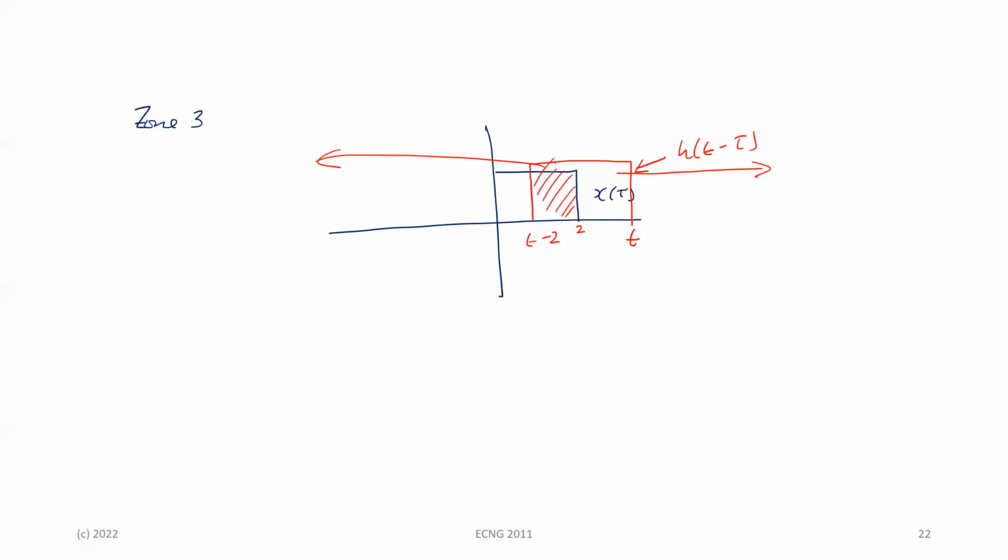For this particular one, the convolution answer, we'll answer the range in a second. The convolution here, the zone of overlap: the lower limit is t minus 2 and the upper limit is 2, of x(tau) h(t minus tau) d tau. Each of these is 1 again. So you're integrating between t minus 2 and 2, which is this zone of overlap here, of 1 d tau.